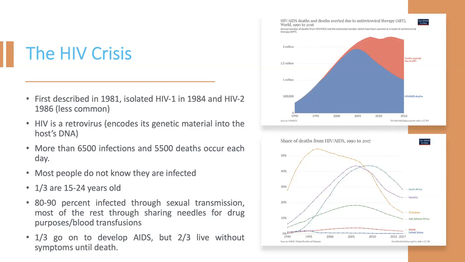Two people have been cured from HIV, but those tend to be people that got bone marrow transplants. It's very specific cases. But by and large, the antiretrovirals, these have been able to treat people with HIV.